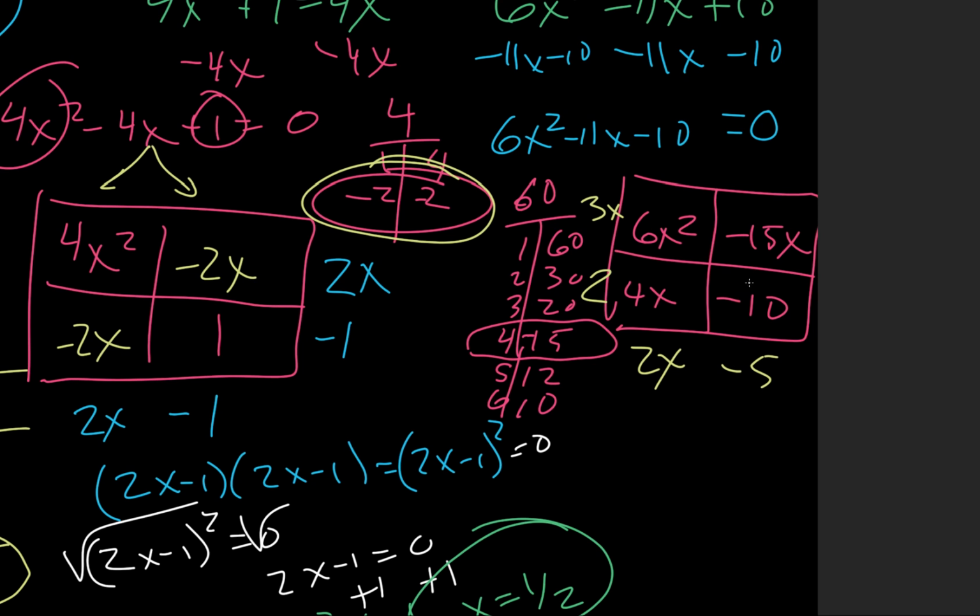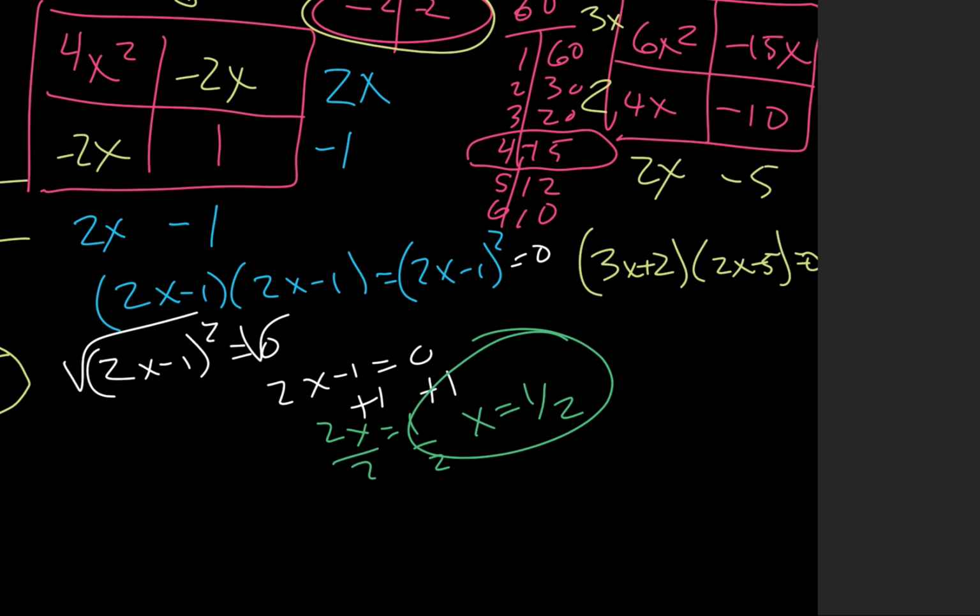I chose negative because they were both negative. And so that leaves me with 3x plus 2 and 2x minus 5 equals 0. And because of the zero product property, I can take both of those individually.